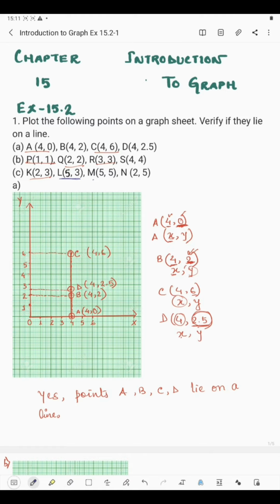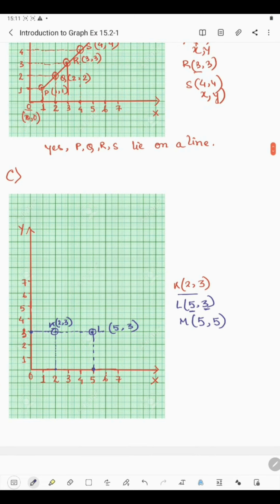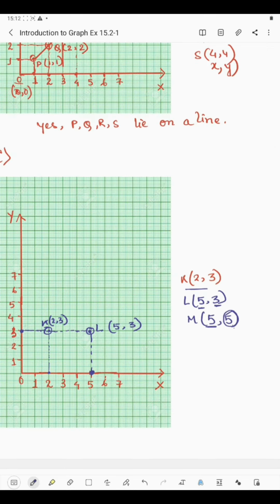Now next we have point M, and the coordinate of point M is 5, 5. So 5, 5 means the value of x is 5 and the value of y is also 5. Now where is 5 on the x axis? 1 2 3 4 5 here, and this is the value of y that we will get on the y axis. 1 2 3 4 5.